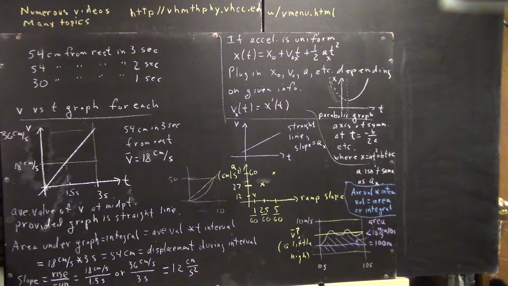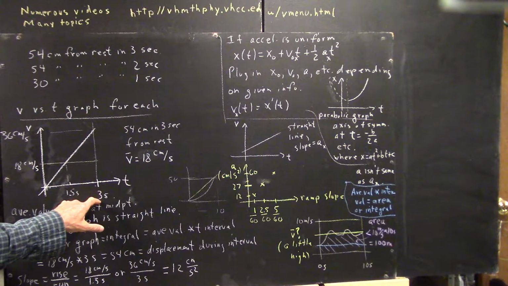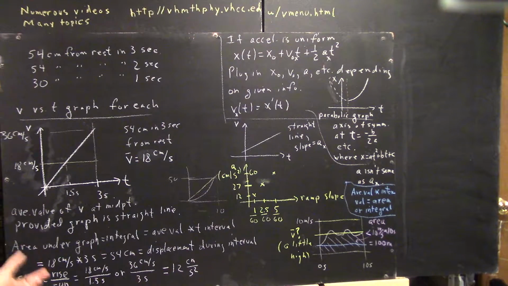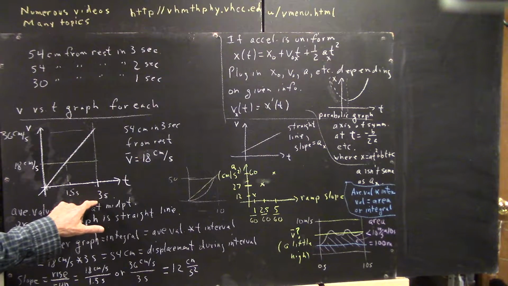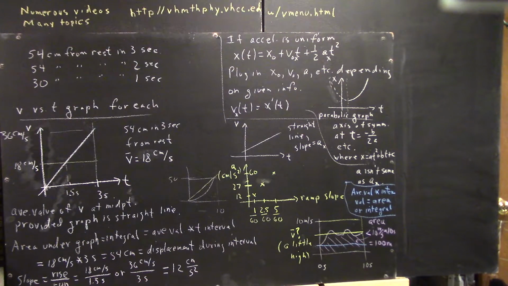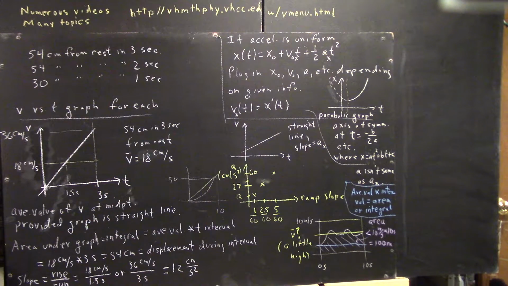However, it should also be true for the interval from 1.5 seconds to 3 seconds, because we still have the same slope, we still have the same acceleration. But the final velocity here is 36 centimeters per second, and the run is only 1.5 seconds. That's not going to give you the same acceleration. So there's something wrong with final velocity divided by the time interval, or even worse, final velocity divided by the last time.